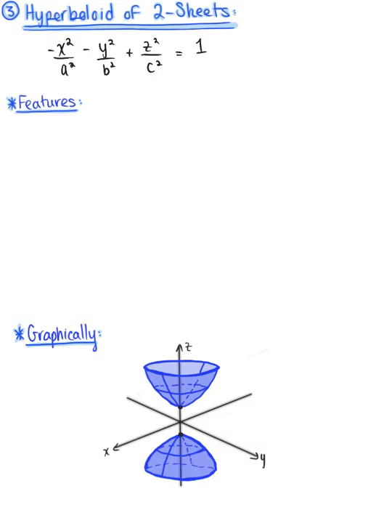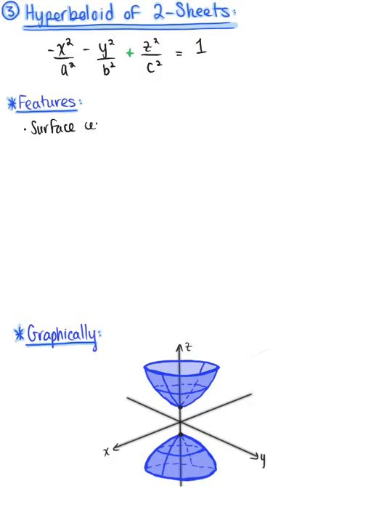Looking at this equation, we notice that the coefficient of the variable z has a different sign than the others. This indicates that the surface is centered about the axis whose variable has a coefficient of a different sign, or in this case, a positive coefficient.